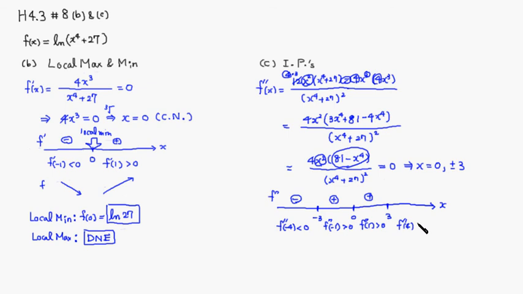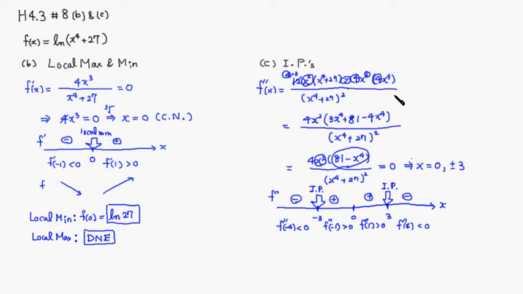Everyone else is positive, so it's going to be negative there. So you have a negative sign. You can see that the concavity change happens only at -3 and also at +3. So this is an inflection point there, and there will be an inflection point there as well.